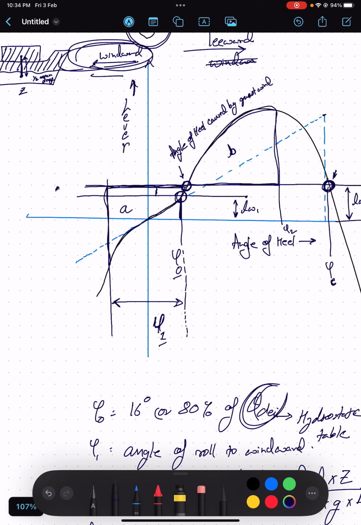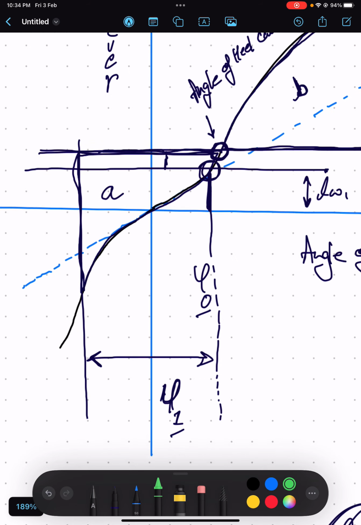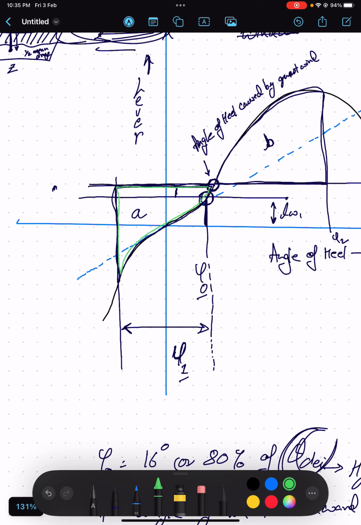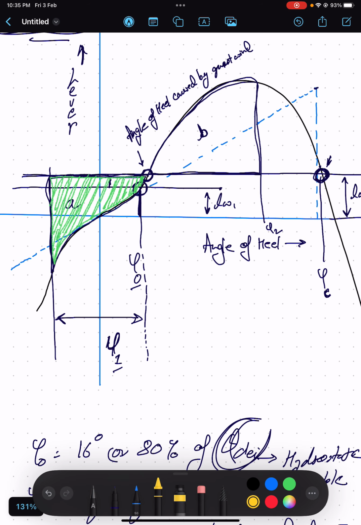How can we make it? Area A would be this. Now area B. Area B would be this part.